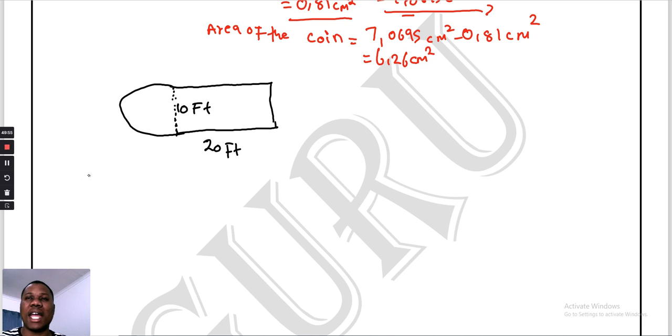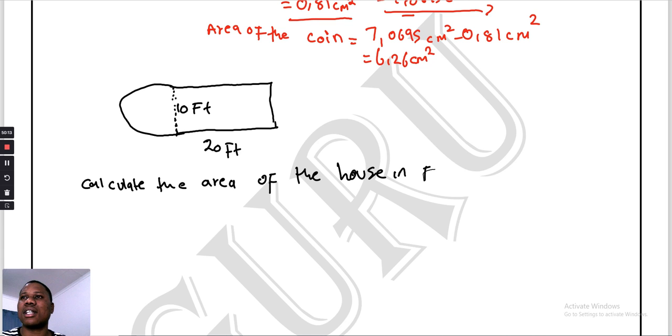Okay, and the question says calculate the area of the house in feet. Okay, remember the feet are the distance units used in the imperial system, okay, not in the metric system.